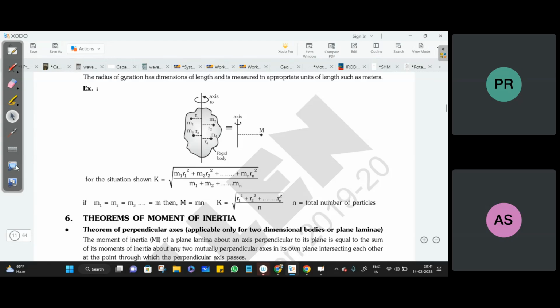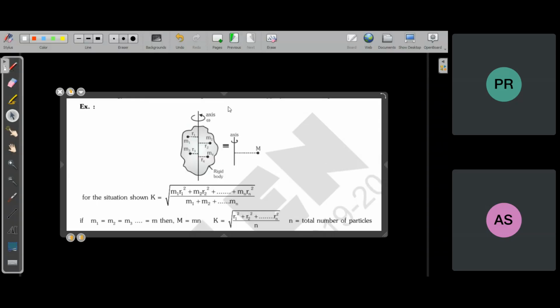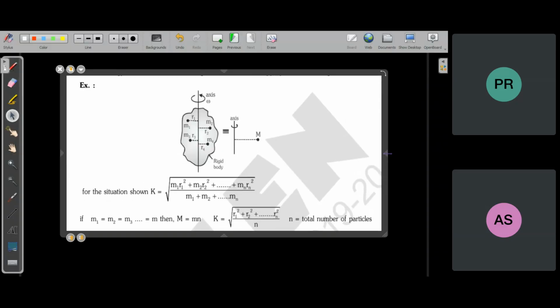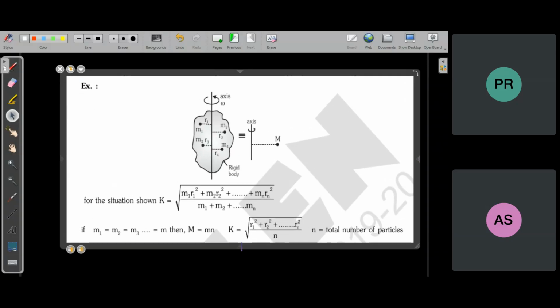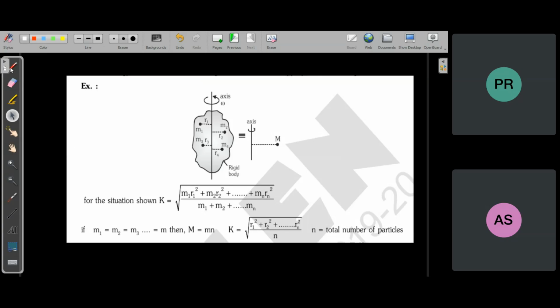Okay, here you can see the example, a body is there and that body is replaced by a point mass. How can we find the radius of gyration? You know that the body is made up of a large number of particles. If you add all the moments of inertia of all the particles, that becomes the total moment of inertia of the body.